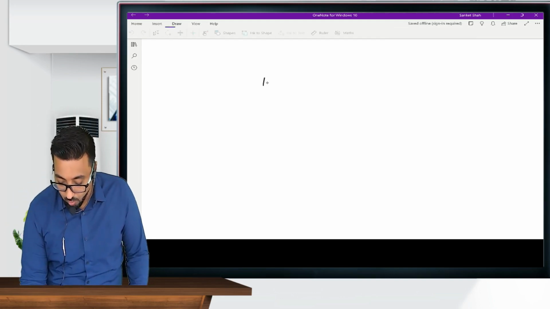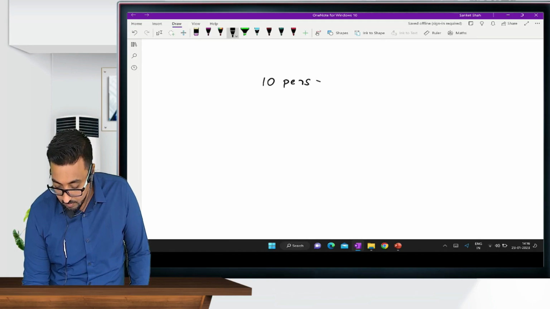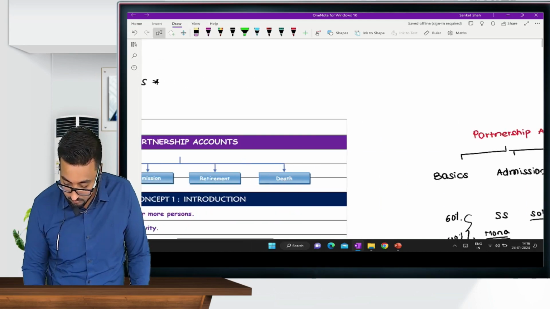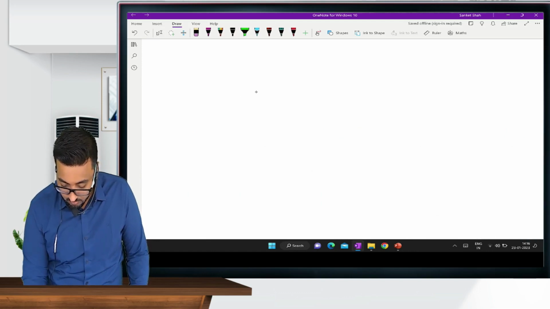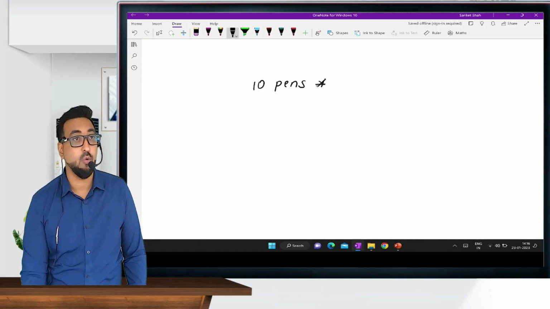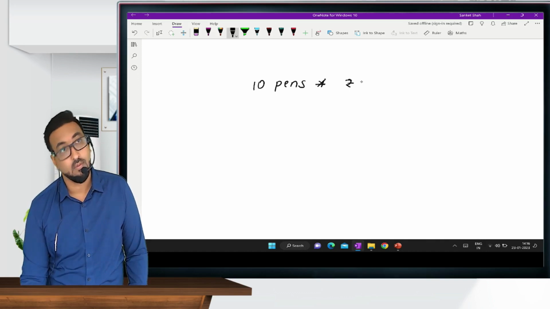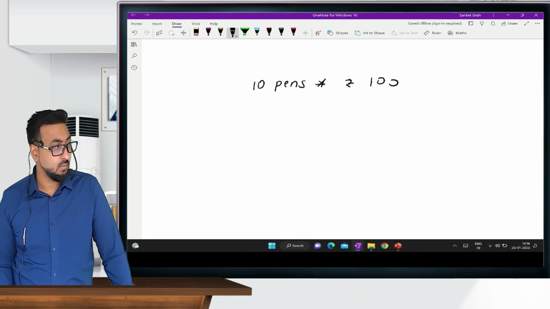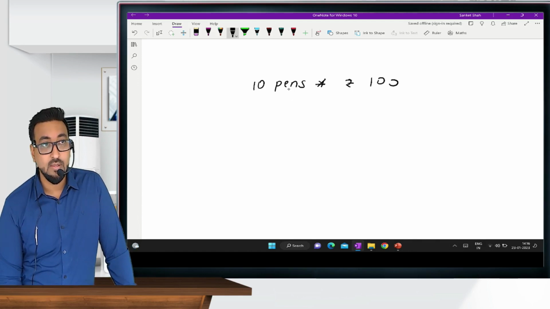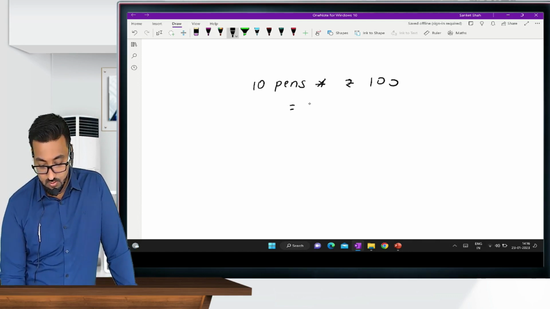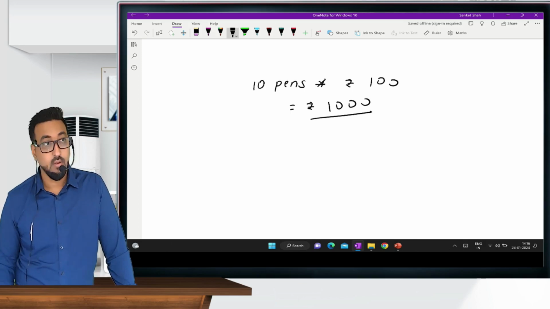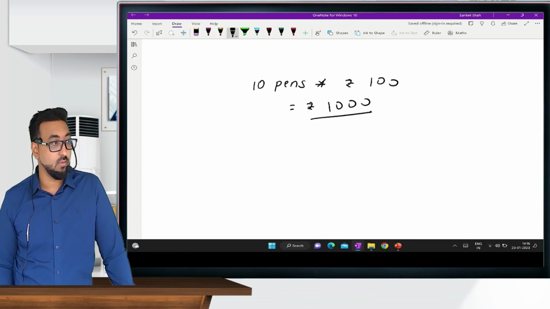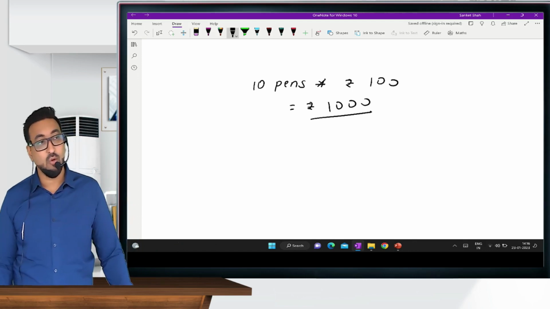So normal loss means suppose I bought 10 pens at rupees 100 each, and 1000 rupees is the total cost.